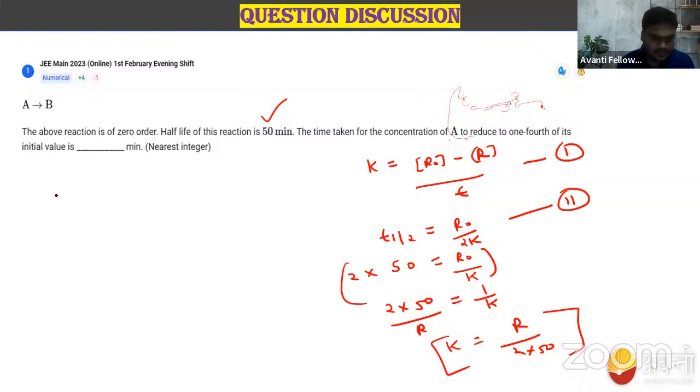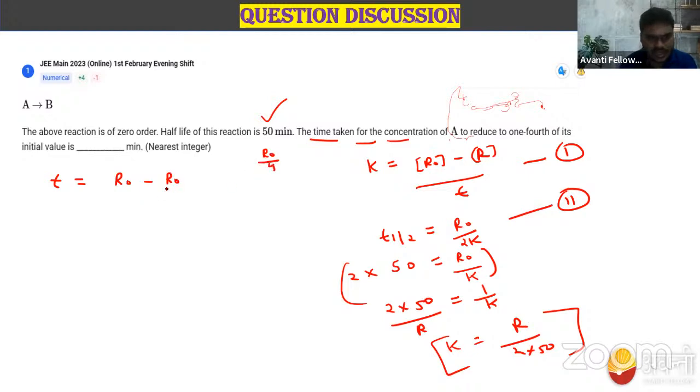Now let me write this. Because they are saying A reduced to 1/4 of its initial value. The time taken for the concentration of A to reduce to 1/4 of its initial value. So let us assume if you want to calculate the time, and this is the R naught, and this reduced to 1/4 of its initial value, that is R naught by 4.